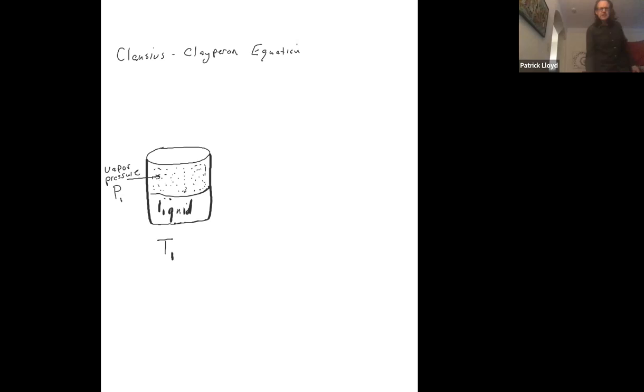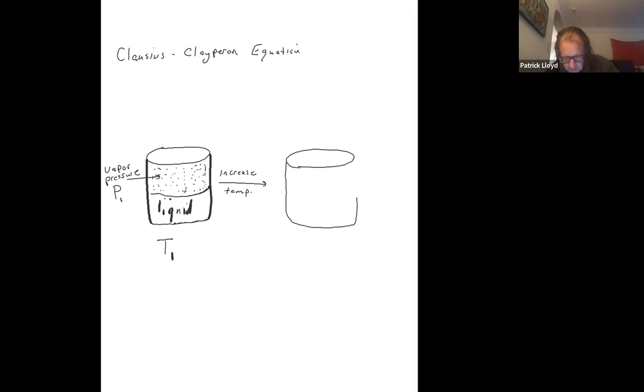Okay, so the issue here is that if we increase the temperature of the liquid, that will result in more of the liquid transferring into the gas phase. So if we now increase the temperature, so now we have T2.